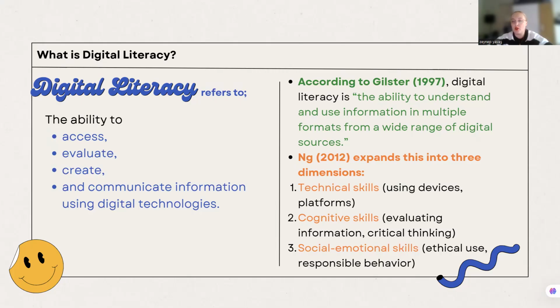And social-emotional skills is our last dimension, and it's about behaving ethically and responsibly online. Ethical use, responsible behaviors. So digital literacy isn't only about using technology. It's a much broader competence that includes critical thinking and responsible behavior.